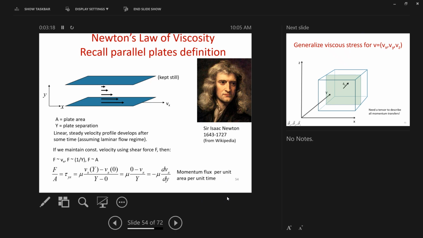I also refer to this minus dvx/dy as shear strain rate or shear rate. So you will often hear shear rate or strain rate. It's really shear strain rate, but it's a long thing to say. Gamma dot, right? So my general model here is tau_yx is equal to mu gamma dot, okay?